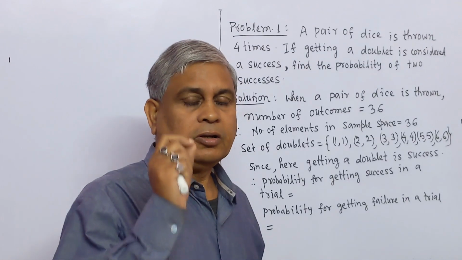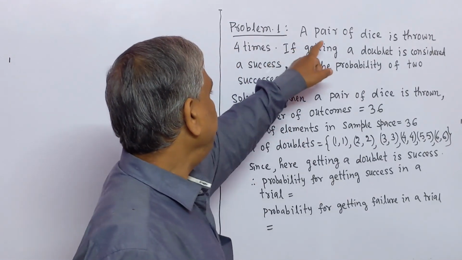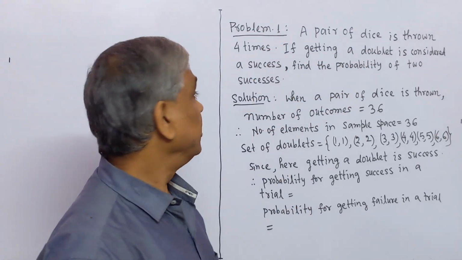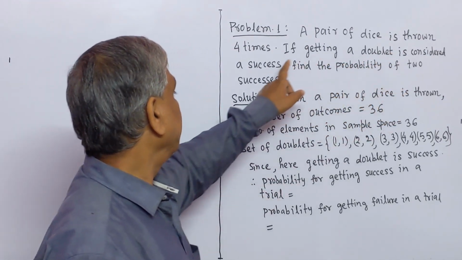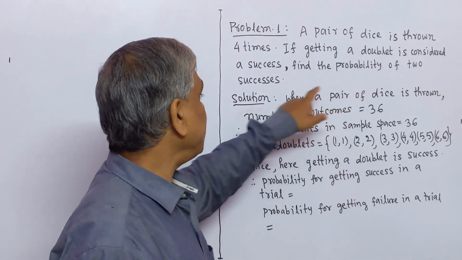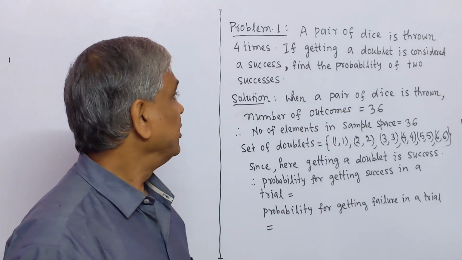Now we solve a problem. Problem: a pair of dice is thrown 4 times. If getting a doublet is considered a success, find the probability of 2 successes. Now we solve this.